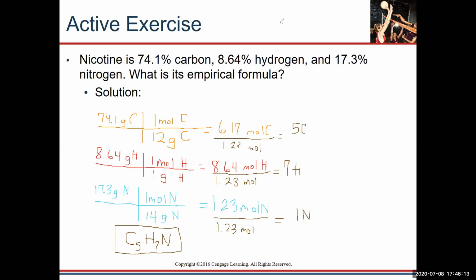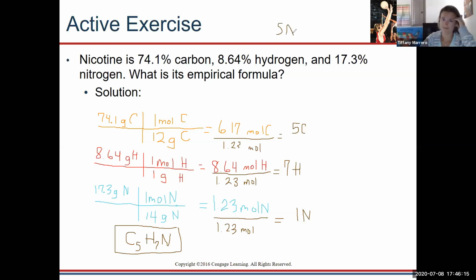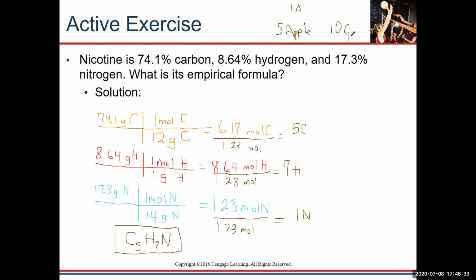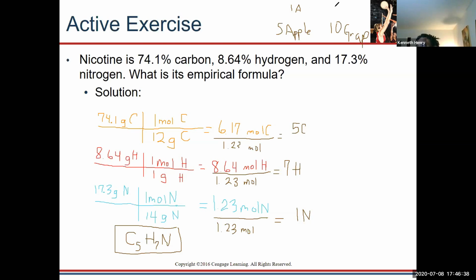So 2? 2, right. So for every 1 apple, there's going to be 2 grapes. So empirical formula is just giving us that, right? For every 1 nitrogen, I'm going to have 5 carbon.